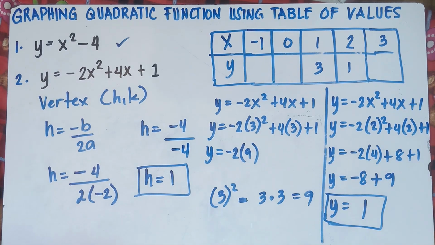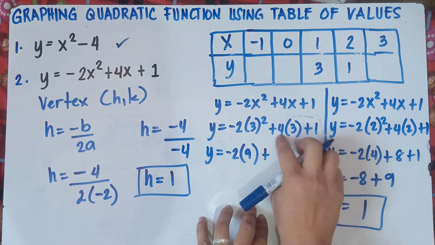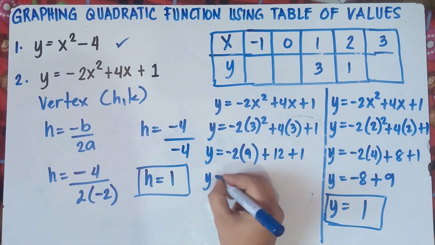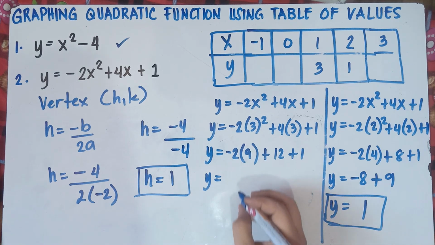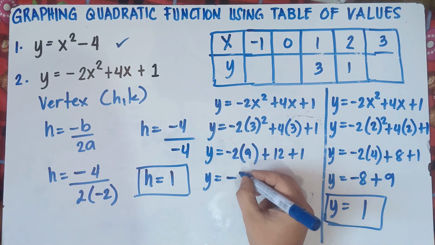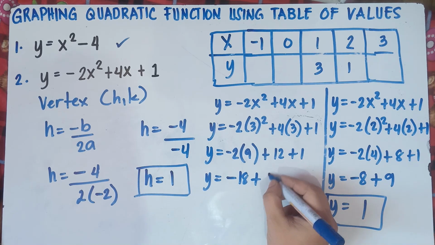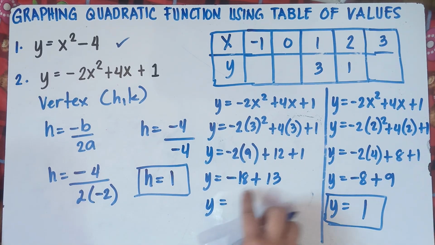So 3 squared means 3 times 3, and the answer is 9. So negative 2 times 9, then plus 4 times 3, that is 12, then plus 1. So negative times positive is negative, 2 times 9 is 18, plus 12 plus 1, that is 13. Alright, so y equals negative 18 plus 13.